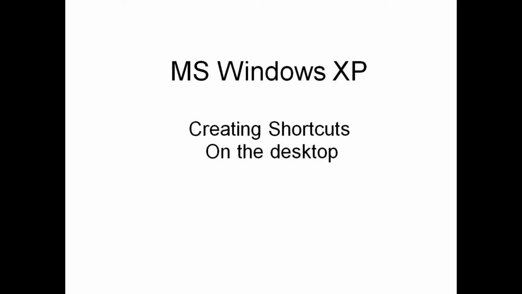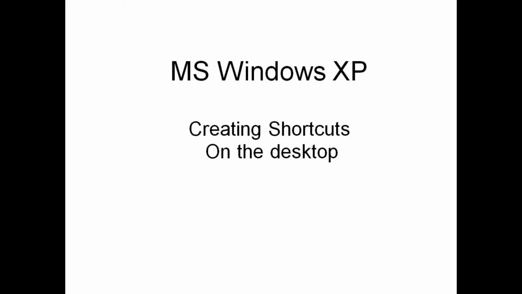We're going to go through a step-by-step wizard that helps us create a shortcut to a specific folder. I'm going to use a folder that is on our computers, and there is actually a shortcut on the desktop for My Documents. That is what we're going to be creating for ourselves.